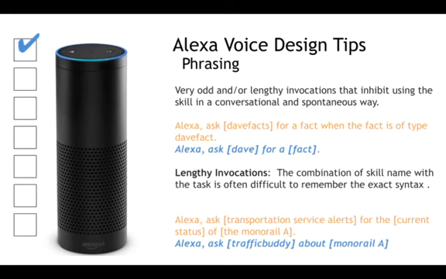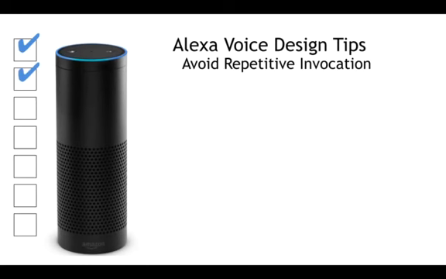Transportation service alerts is not very easy to remember. If you were trying to remember it, you might swap the words around. Traffic Buddy is a lot more friendly. And for the current status, the current status is just what's happening right now. So if you just say "about," you've summarized a lot of it.